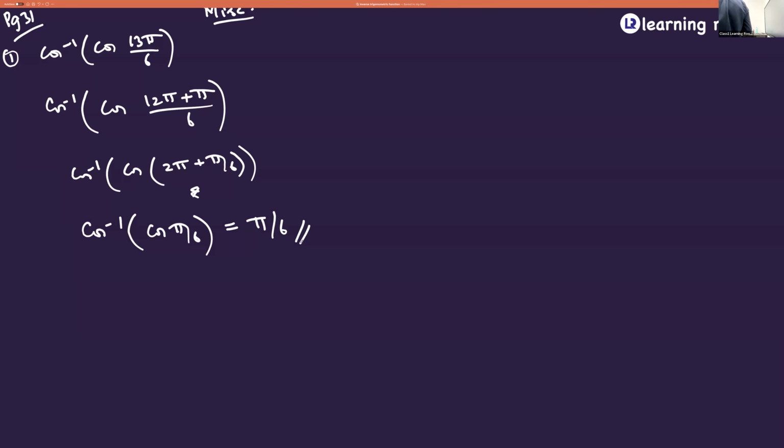Are you able to understand? See, suppose I want to randomly create a question. Once you complete this, cos inverse of cos of 26 pi by 5. Solve this.